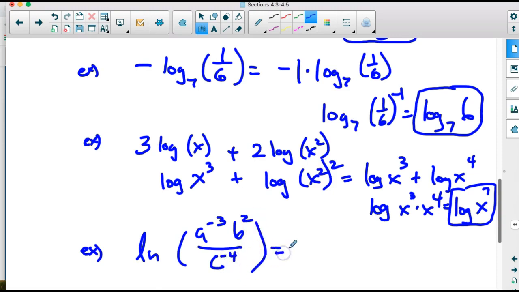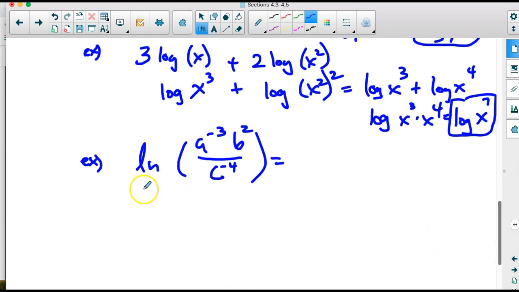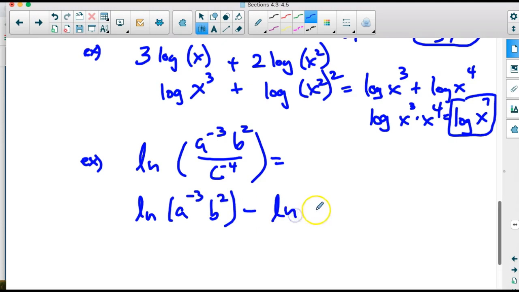And we want to write this as an expansion of logarithms. So we have three things here. We have a multiplication and division. So in this one, if we do the division part first and separate it out, it's going to be this first minus ln of c to the negative fourth power. So we have this. That's what this division does, is subtract.